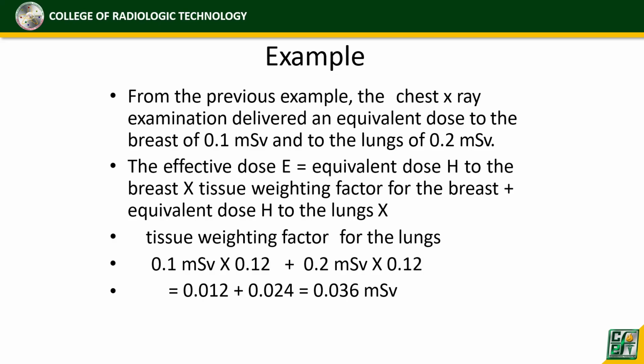So 0.1 millisievert times 0.12 plus 0.2 millisievert times 0.12. Then we get the effective dose of 0.036 millisievert for the chest x-ray, for the lungs and the breast combined.